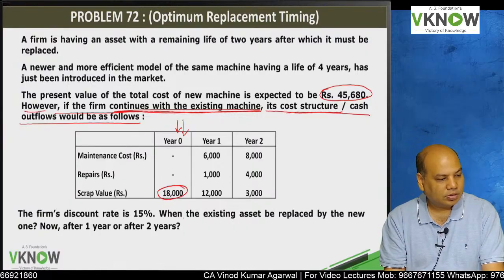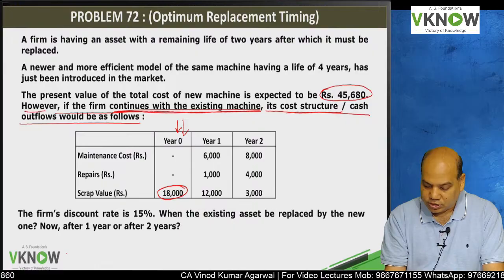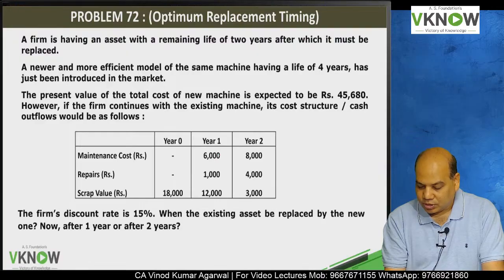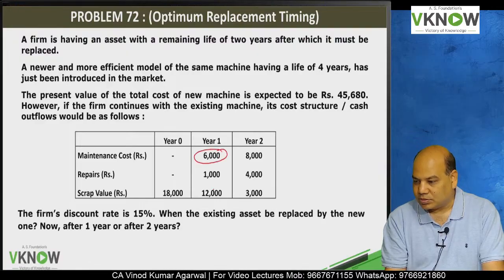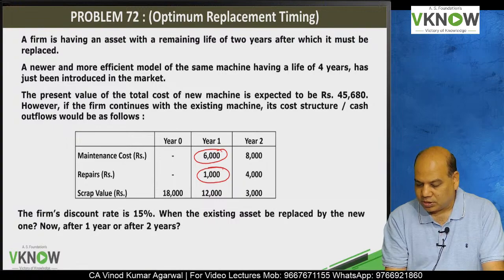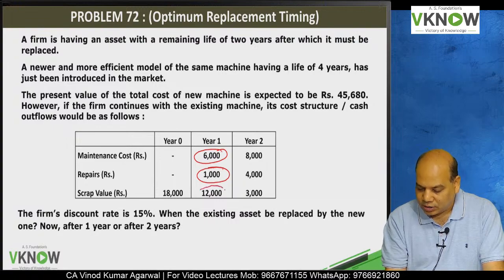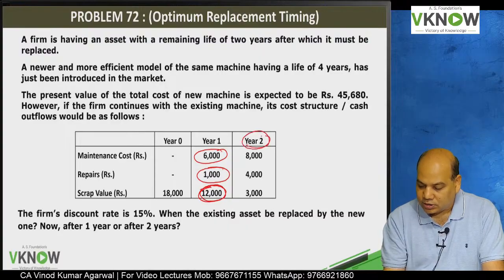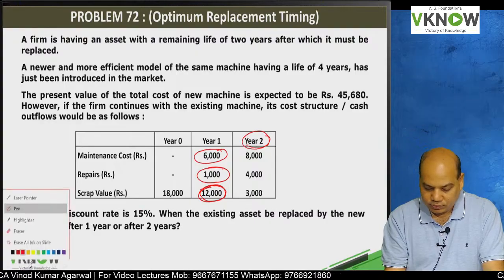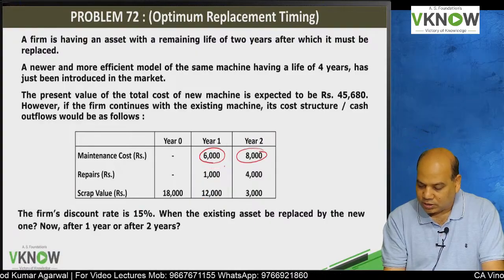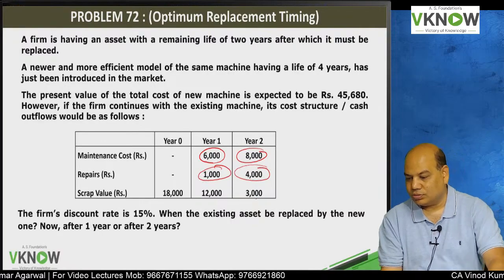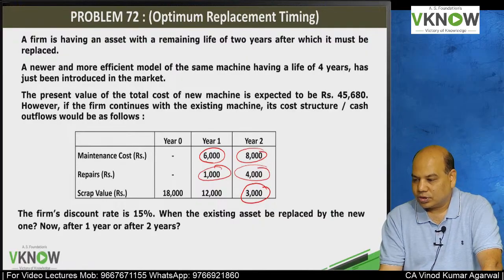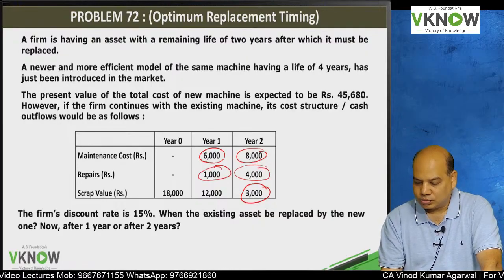But suppose you use it for 1 year and then purchase the new asset: you will incur 6,000 rupees maintenance and 1,000 rupees repair in year 1, and then you can scrap it for 12,000 at year 1. If you replace it in year 2, you will incur repairs and maintenance for years 1 and 2, and you will get the scrap value in year 2.